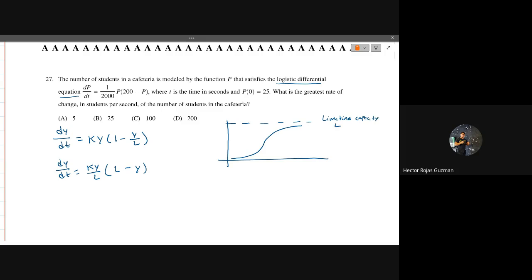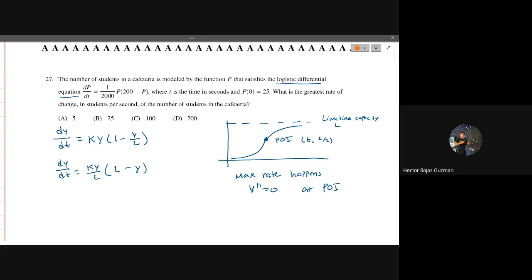That's your L. Halfway through the model, we have the point of inflection, which is literally t comma L divided by 2, halfway of the limiting capacity. One of the concepts we talked about is that the maximum rate happens when y double prime is equal to 0, or in other words, at the point of inflection.